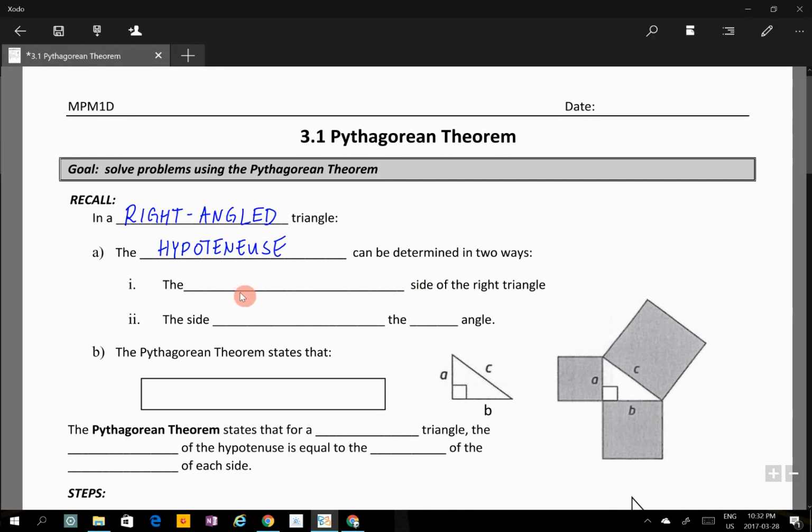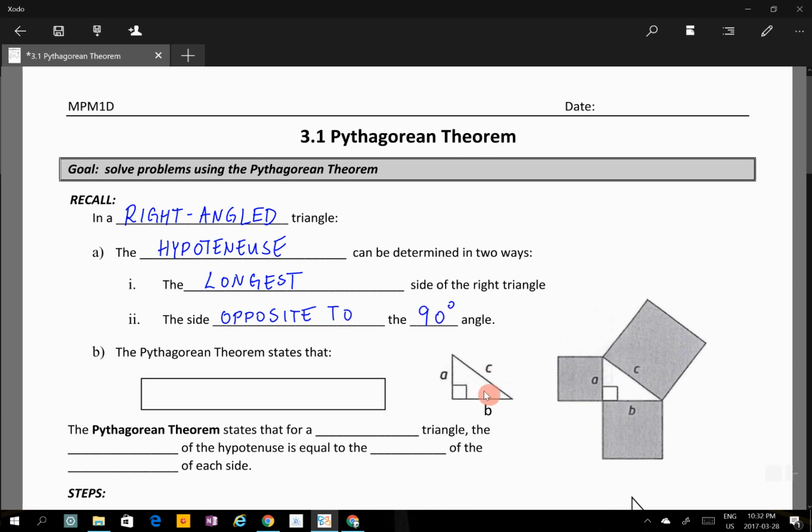The first way is that it's the longest side of the triangle. That's this side right here. This visually looks like the longest side of the triangle. The second way is that it's the side that is opposite to the 90-degree angle.